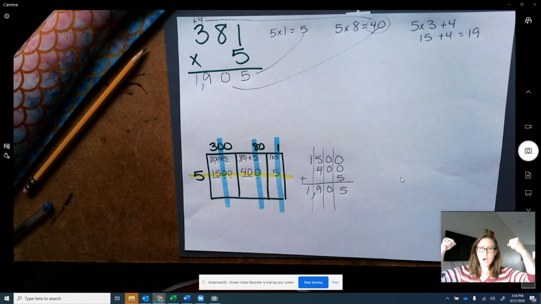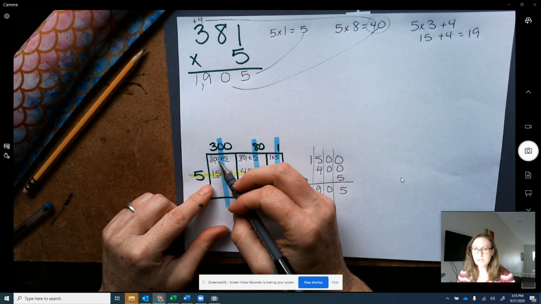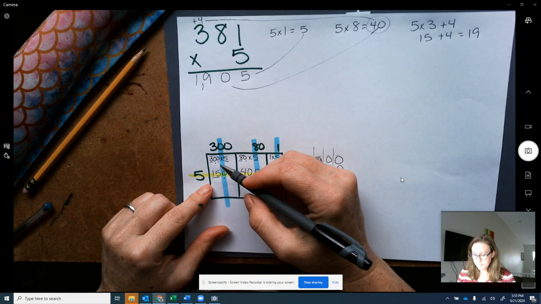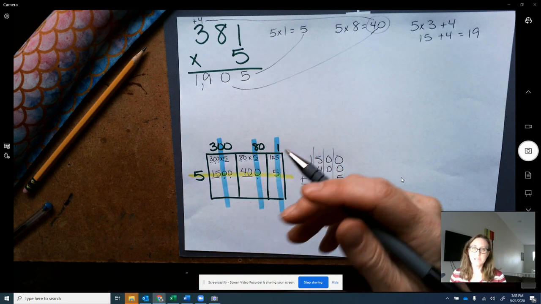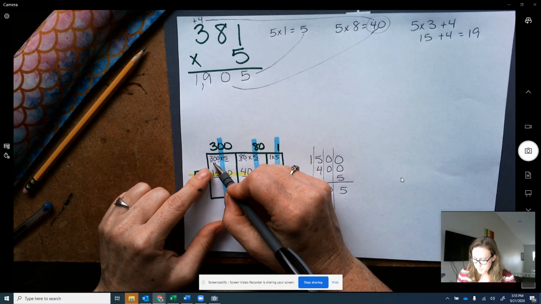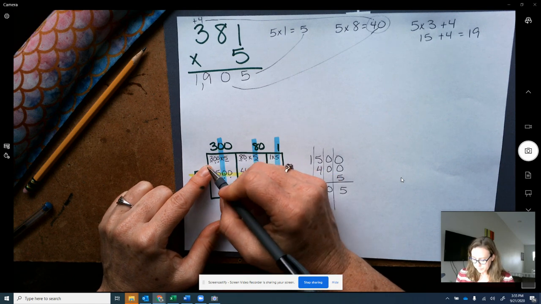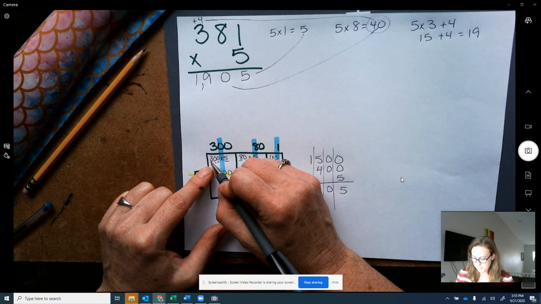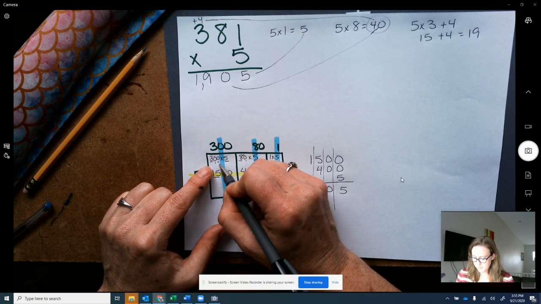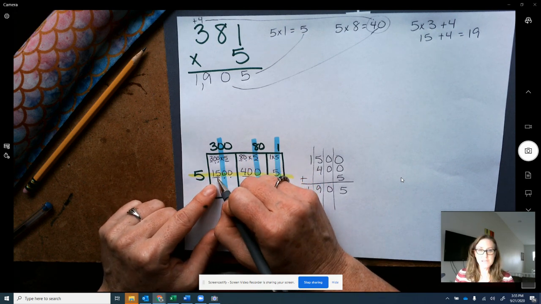Here's the powers of 10. The powers of 10 are any number that ends in a 0. Those are numbers that are multiplied by 10 or 100 or 1,000, any of those types of numbers. So this was 300 times 5. The efficient way of doing this is to look at the first two numbers, 3 times 5. 3 times 5 is 15.